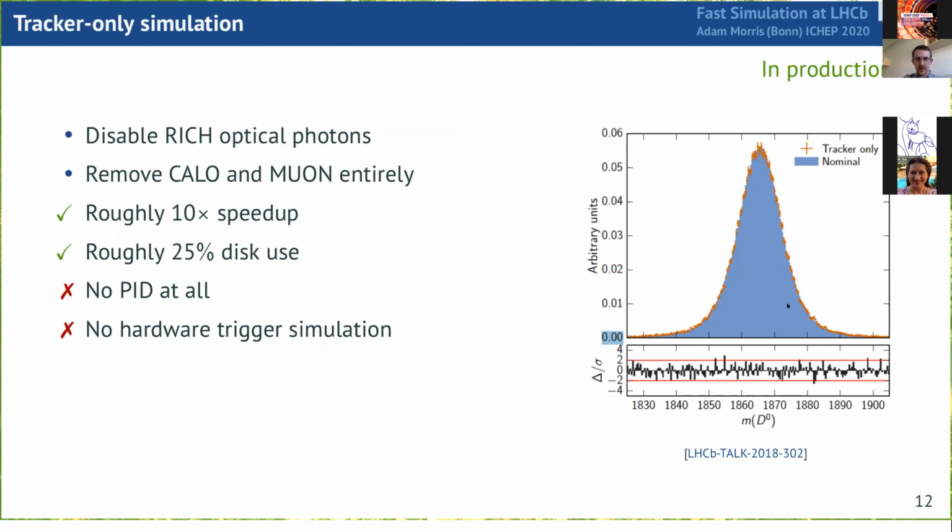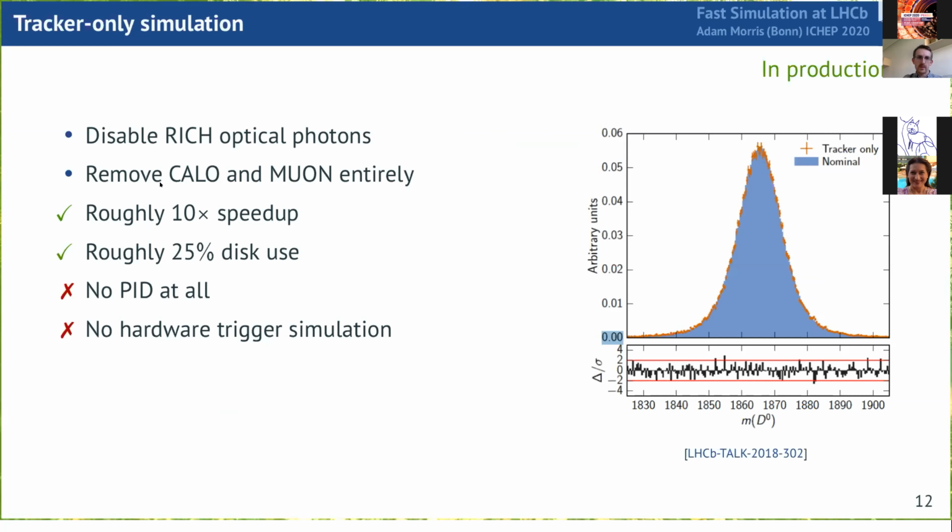A kind of more extreme version is to do tracker-only simulation. If you cast your minds back to the very first slide, the calorimeter and muon and the RICH all come after the tracking system, apart from RICH 1. So you can remove these entirely and not simulate the calo or muon or RICH 2.